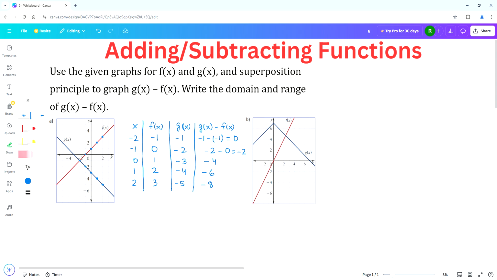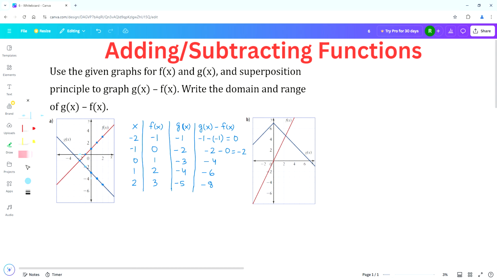Now we can plot these points for g(x) minus f(x) to get the graph of g(x) minus f(x). The first point is (-2, 0). The next point is (-1, -2). The next point is (0, -4).